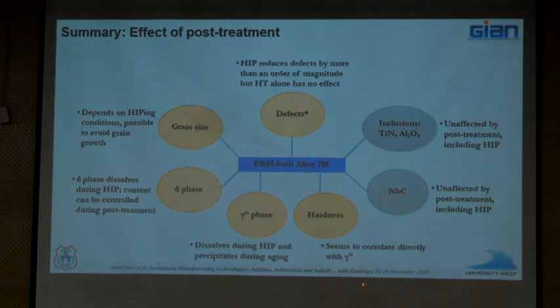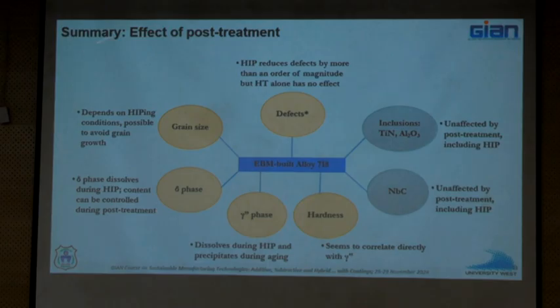It depends upon how your gamma double prime evolves. Speaking of which, you see that the gamma double prime completely dissolves during HIPping and also during solution treatment. That's why you see a drop in hardness, if you remember. And then it precipitates, of course, during aging.